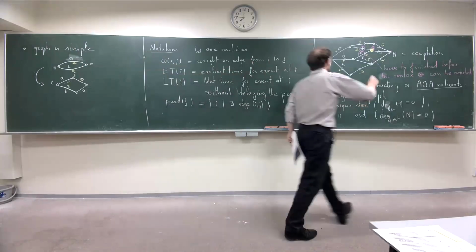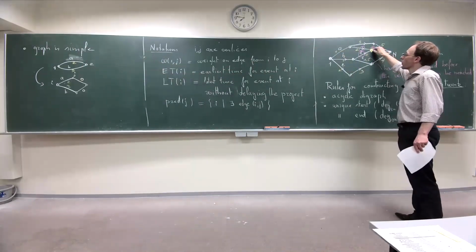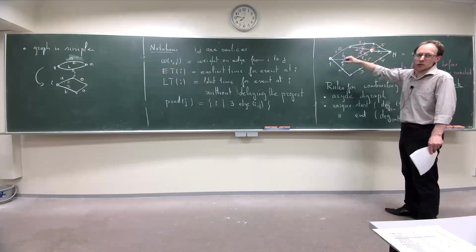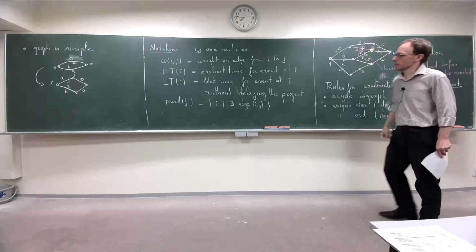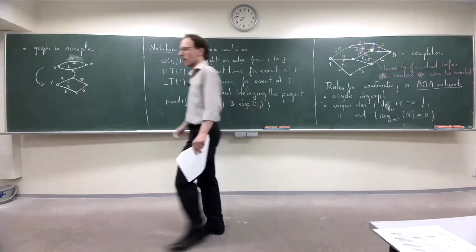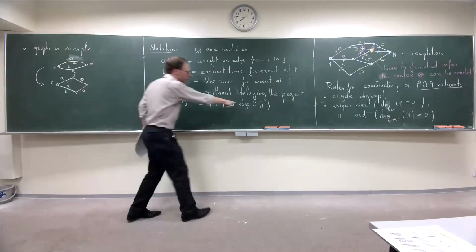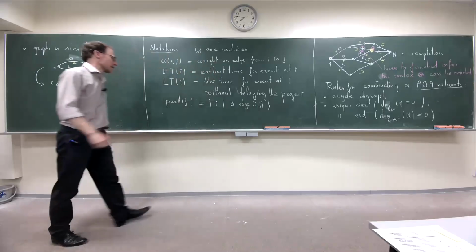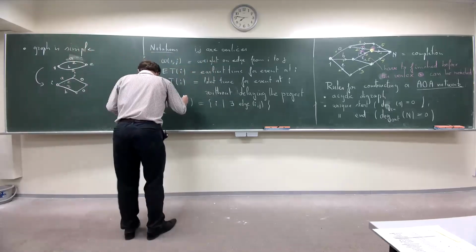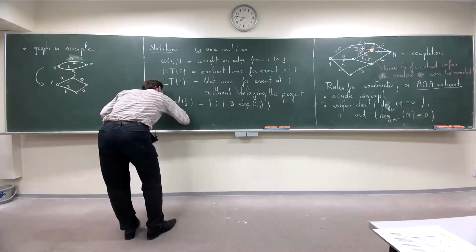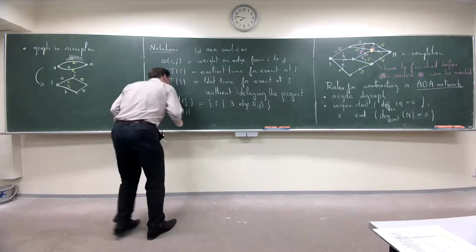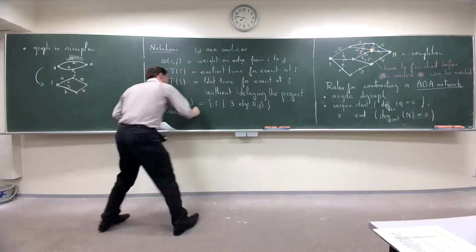So what is it? All the ones which are before J, like one step before. So there exists one edge between I and J. And what is the successor of this?